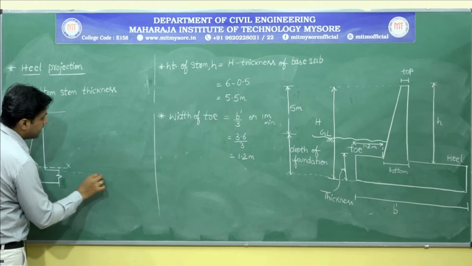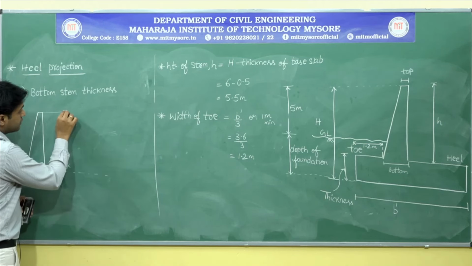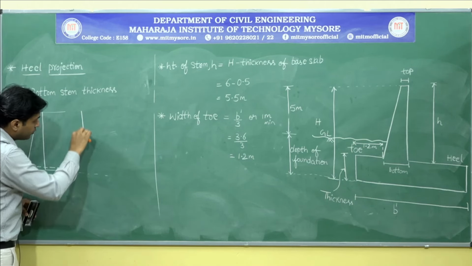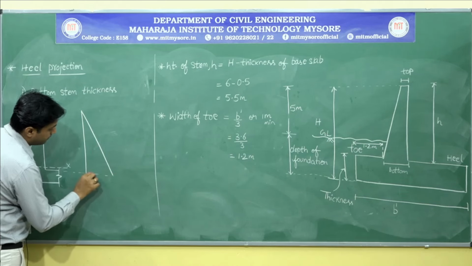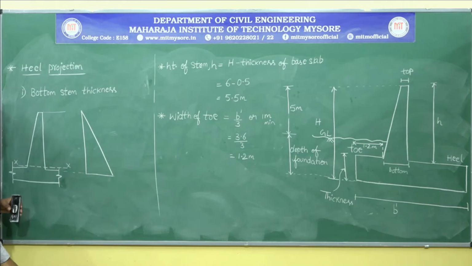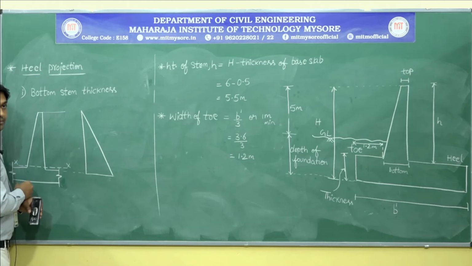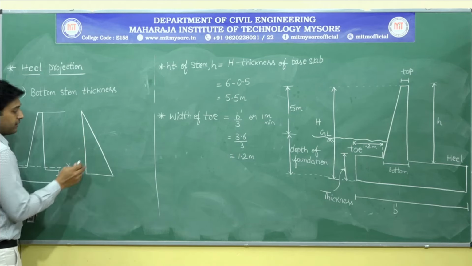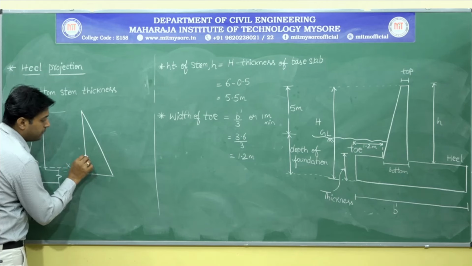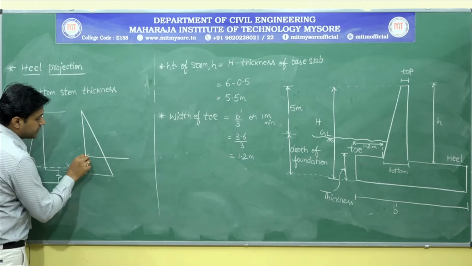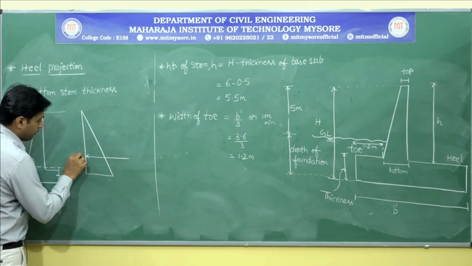If you have studied geotechnical engineering, you know that the soil pressure distribution will be like this, in a triangular pattern. Yes or no? For a triangular pattern, if I want to convert that into a point load, where the concentration will come, exactly at a distance.